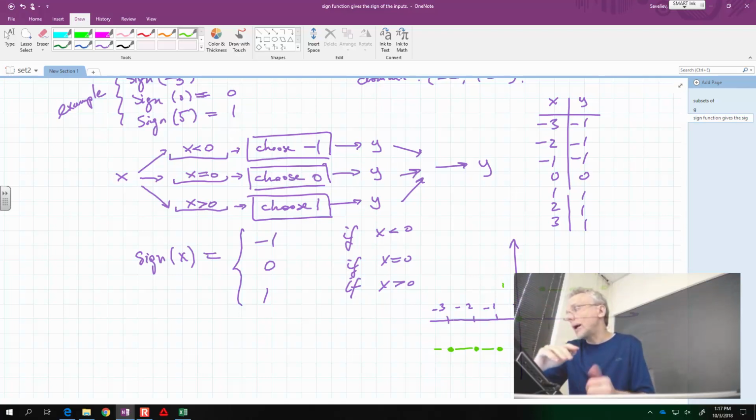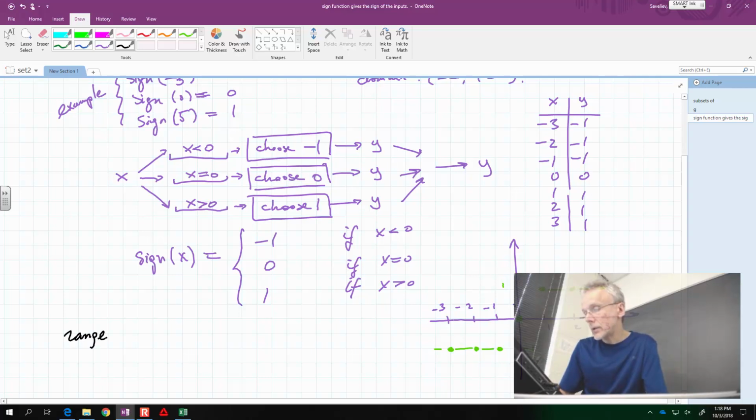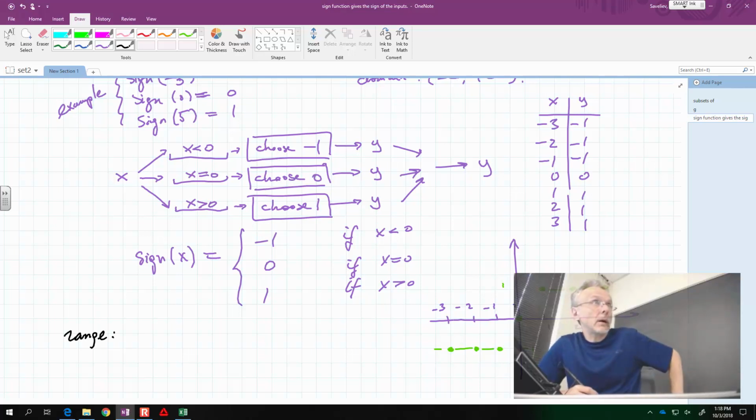There are no y's between 1 and 0, as well as between 0 and -1, because of the range. What's the range? Look at the diagram. The range is all possible values, actually the values that have actually been taken by the function. What are the possible values of the output?